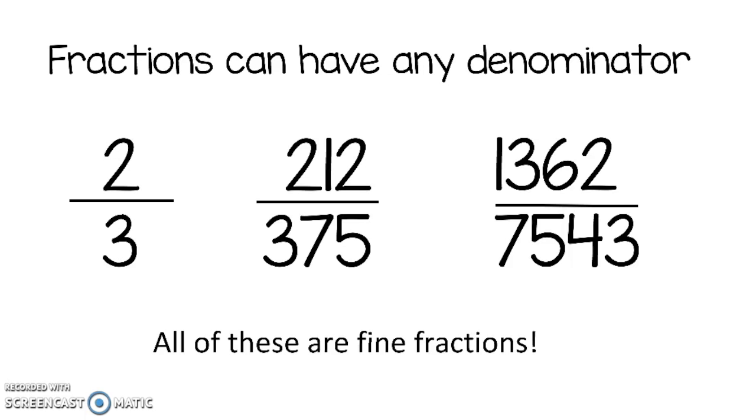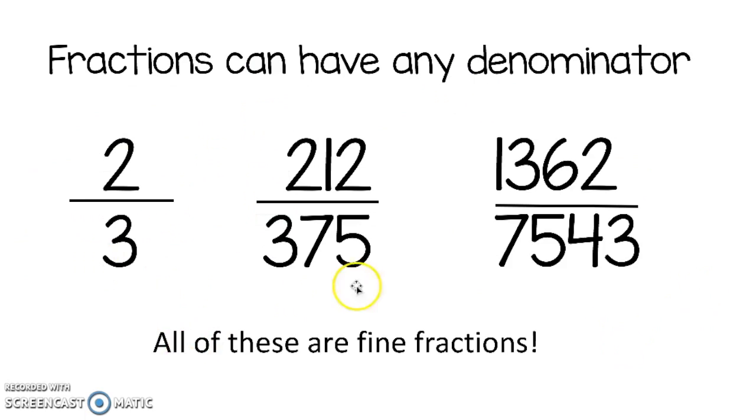One of the main differences between fractions and decimals, which will become more obvious as this video progresses, is that fractions can have any denominator. That is part of the reason different industries use decimals as their standard, because if you're dealing with fractions of various sizes, it can make things pretty difficult to compare.